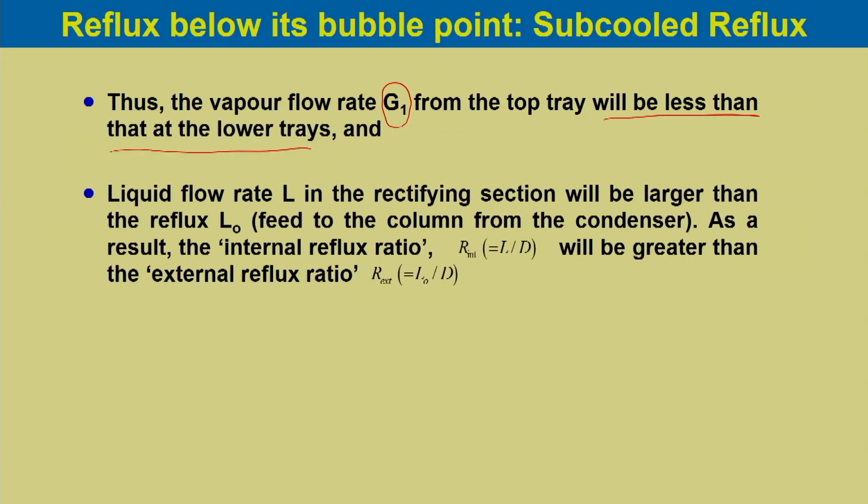The liquid flow rate L in the rectifying section will be larger than the reflux L naught that is fed to the column from the condenser. As a result, the internal reflux ratio, R internal, which is L by D, will be greater than the external reflux ratio, which is defined as R external equal to L naught by D. Since L naught is increasing to L, the internal reflux ratio will increase.